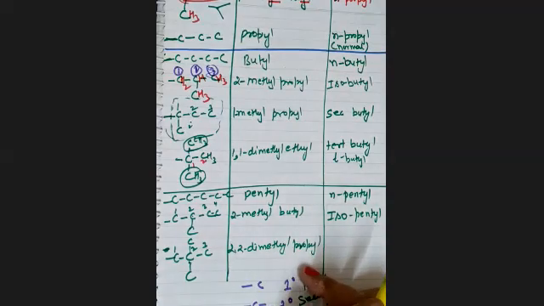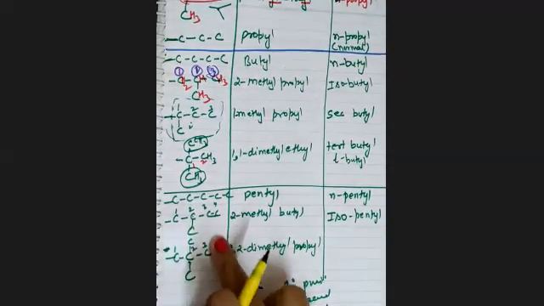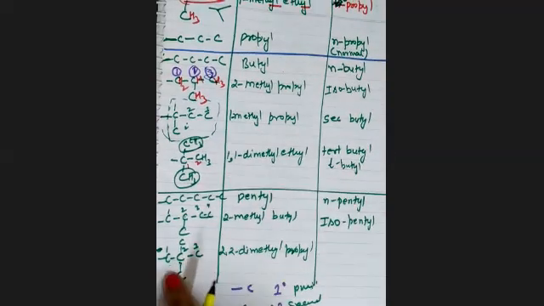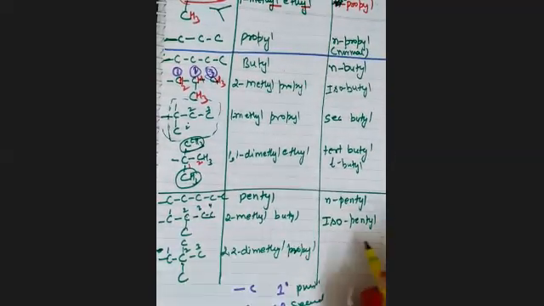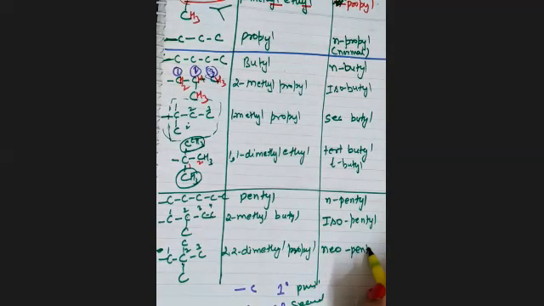This will be the IUPAC nomenclature. And this type of structure, when you have a carbon attached, or you can say surrounded, with 4 carbons in the substituent, this is known as neopentyl. This is very much important.